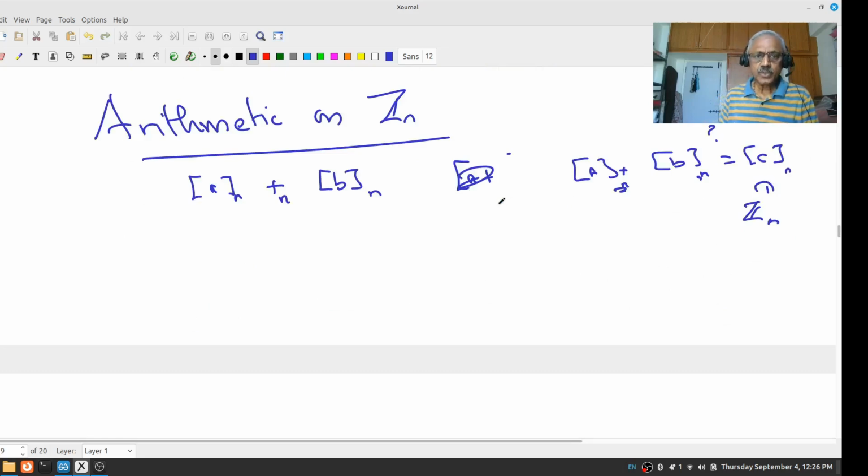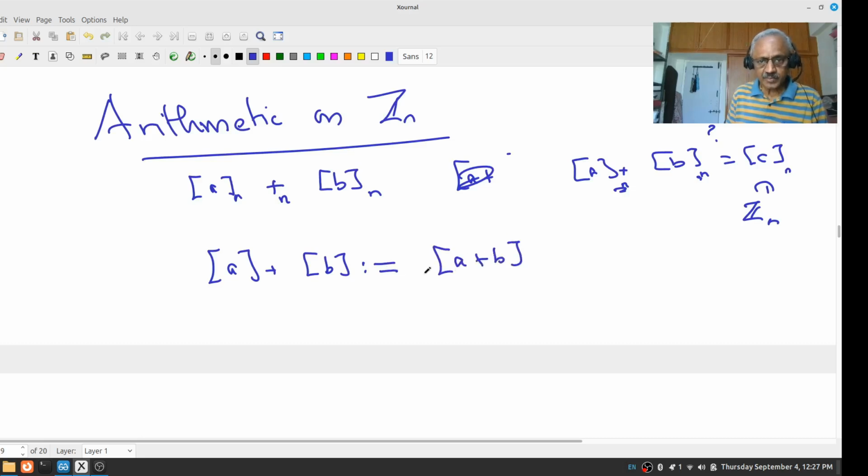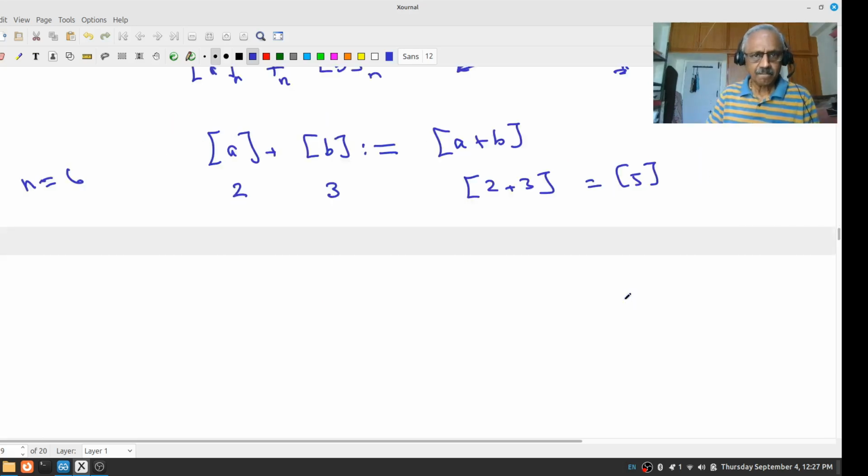How do I do it? As I said, I know how to add two integers. If you give me a and b, I can add. So I can try to say the class of a plus the class of b is, by definition, the class of a plus b. This means by definition you define the left side by the right side. Now suppose my n is 6, and a is 2, b is 3, then the equivalence class will be of 2 plus 3, that is the equivalence class of 5, right?